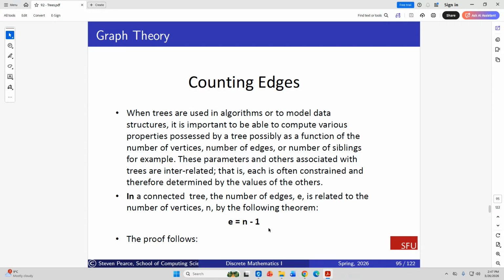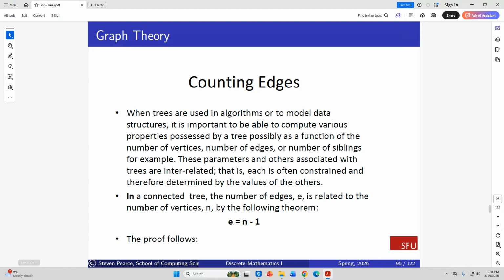It's a very foundational equation, and it fits right in with what we were saying before with products and additions, the n-1 factor. These parameters associated with trees are interrelated. That is, each is often constrained and therefore determined by the values of the others, obviously.